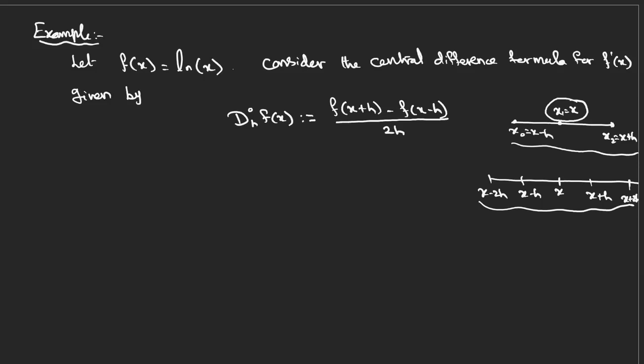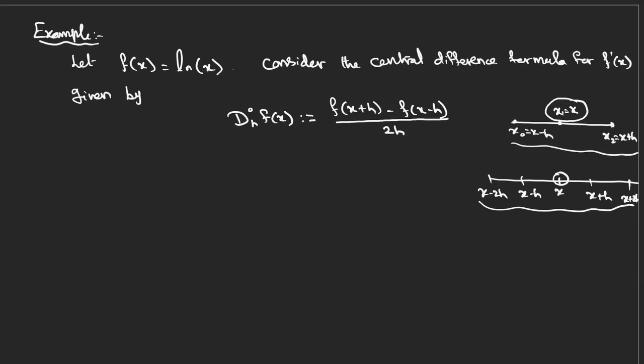Like that you can develop a central difference formula with any given number of nodes of this structure. You should have the point x at which you want to find the derivative as the center of all the nodes. So such formulas are generally called the central difference formulas.